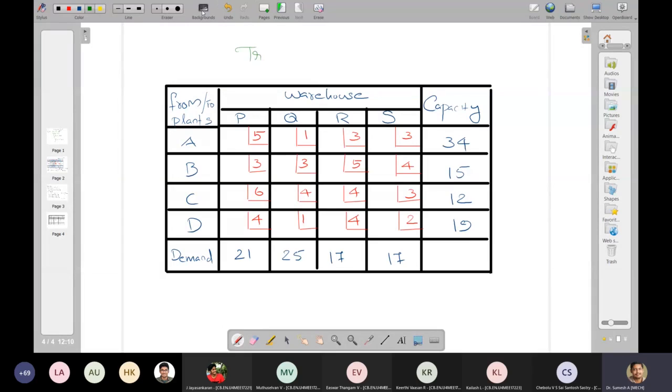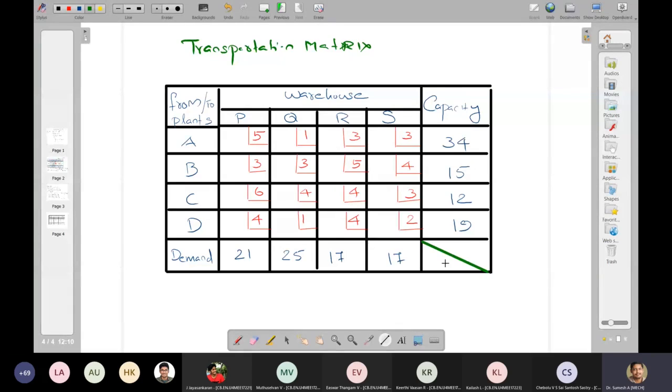Whatever transportation model you are trying to solve, the first step is that you have to calculate your total demand and total capacity.